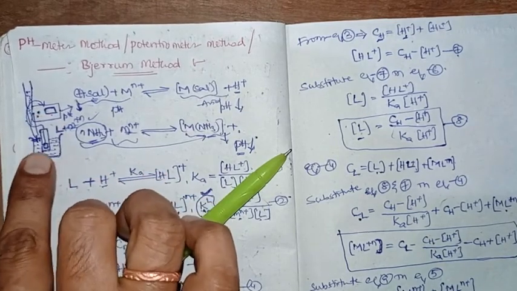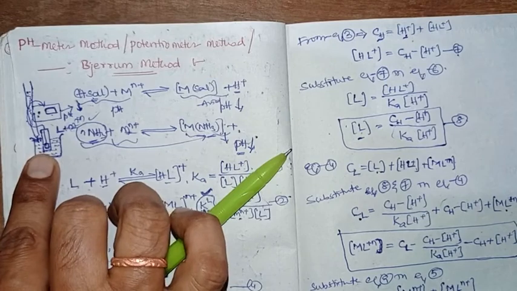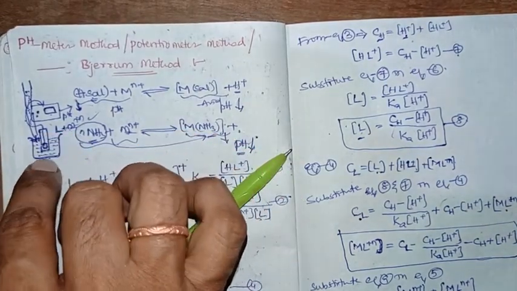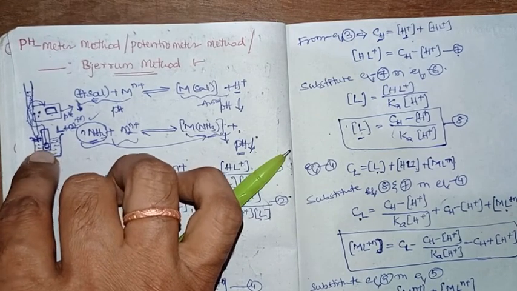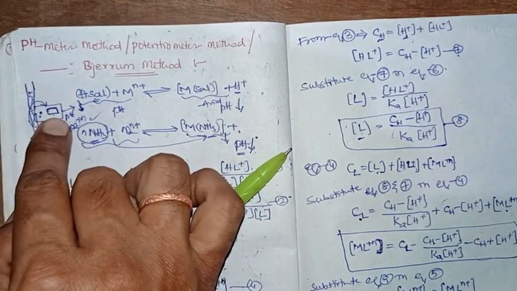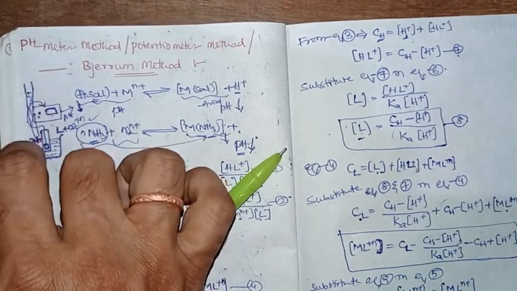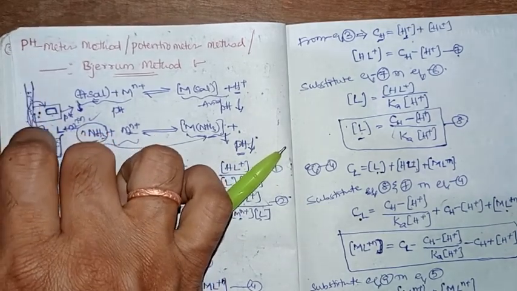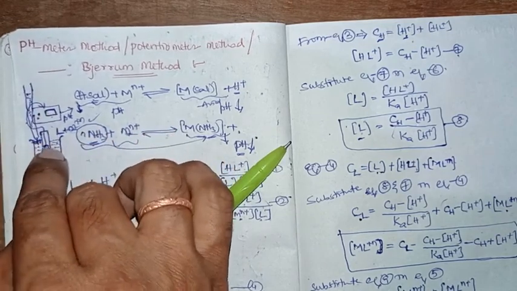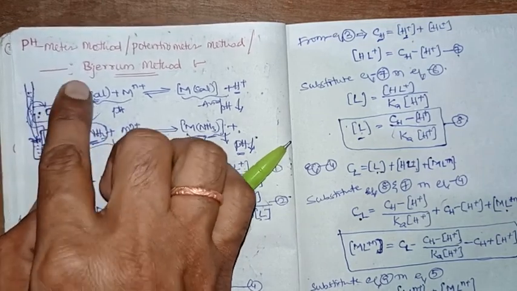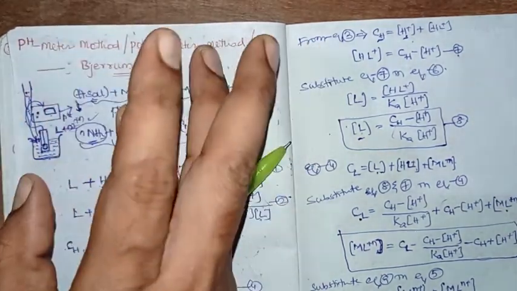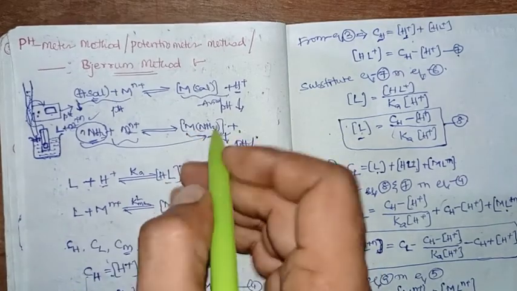In the beaker, the solvent is taken, the ligand solution is taken, and in this ligand solution the combined glass electrode is dipped and connected to the pH meter. A burette is filled with metal solution, and dropping the metal solution decreases the pH value, and this pH change reflects the complexation.